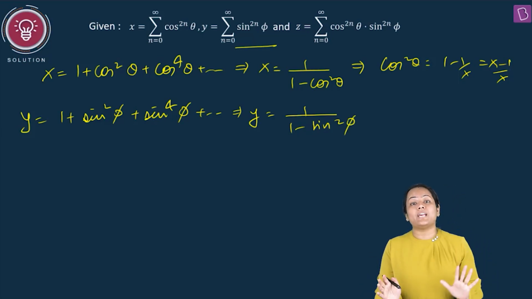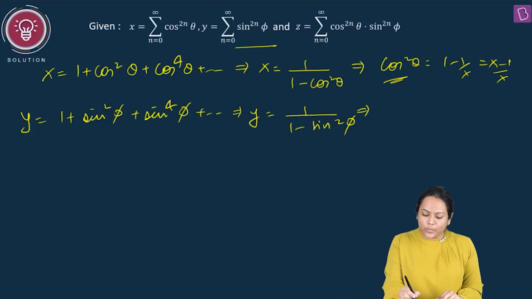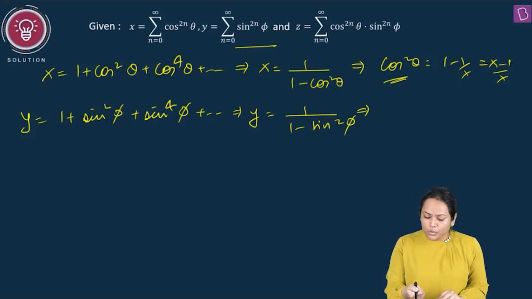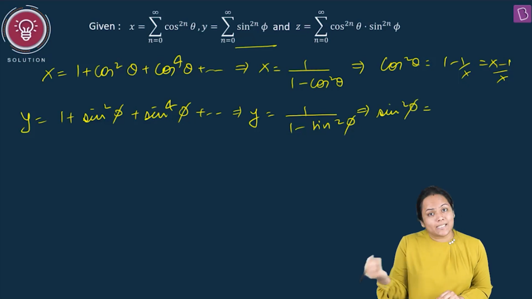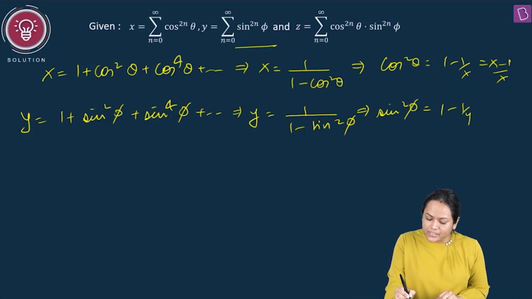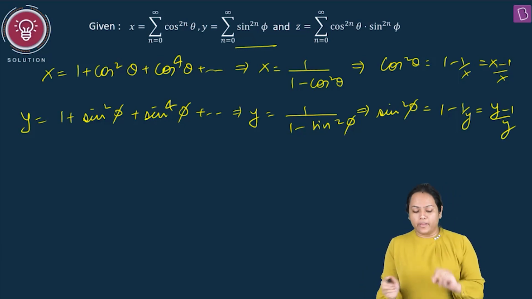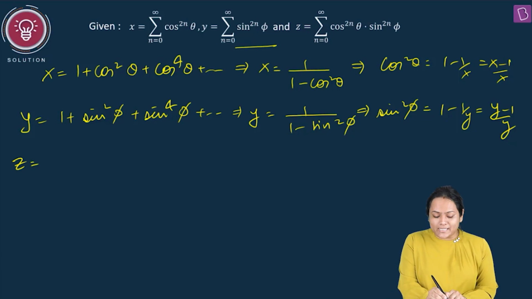We'll find the value of sine square phi from here. Why we are finding the values of cos square theta and sine square phi, I'll tell you in a minute. So my sine square phi value will come out, on the similar basis, as 1 minus 1 by y, or it can be written as (y minus 1) by y. Now, if I write my z, it is nothing but, when I put n as 0, it's 1.